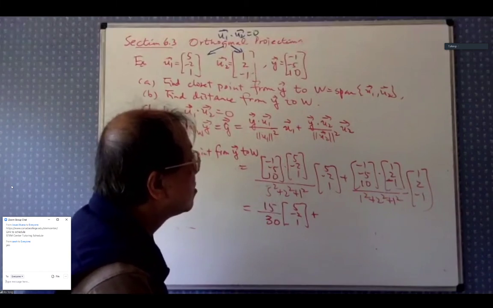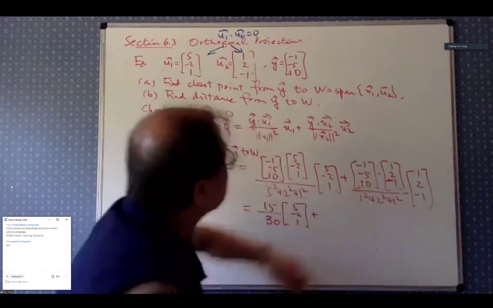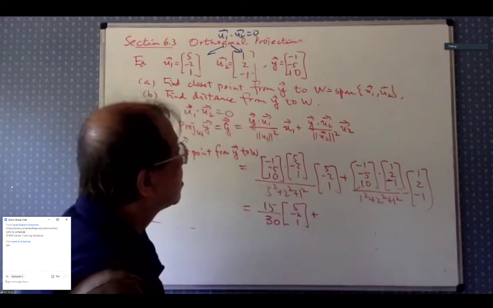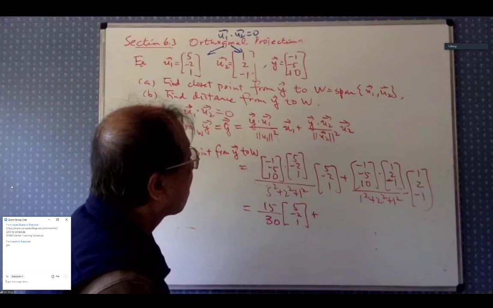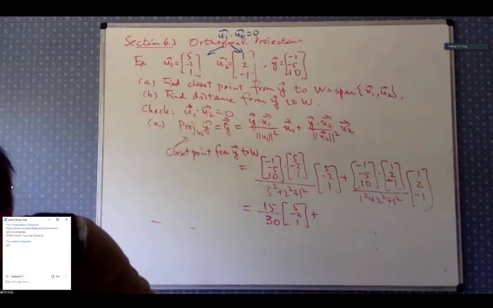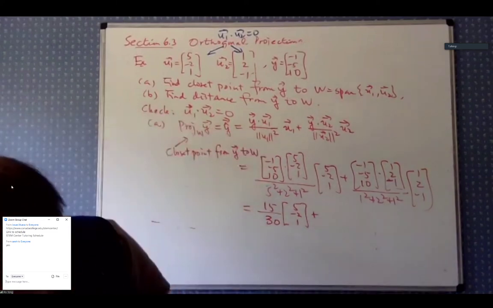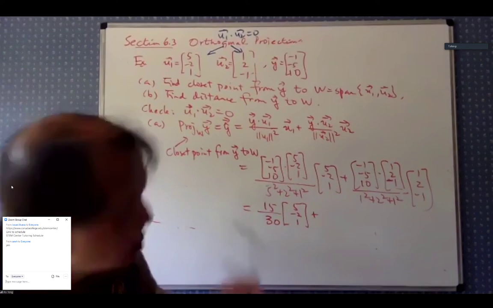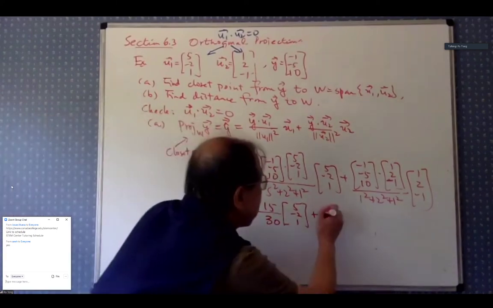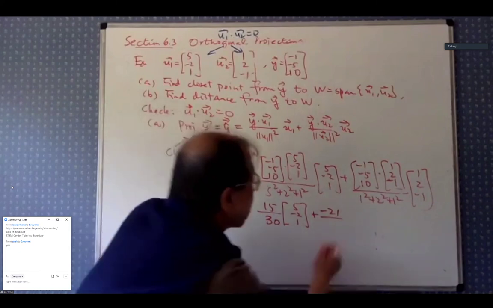Negative 10, negative 10, negative 21. Is that right? Negative 10, negative 21. Divided by 6.